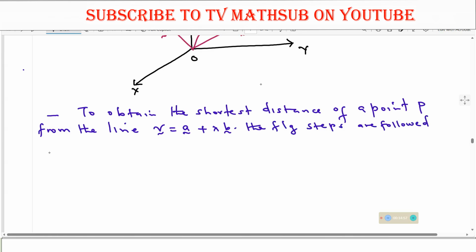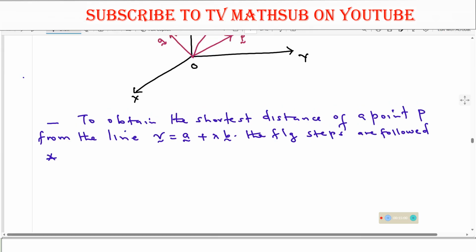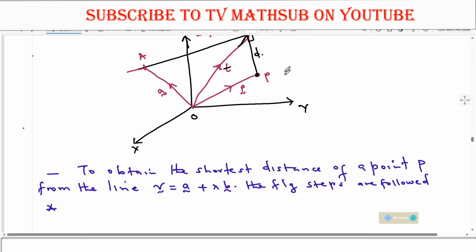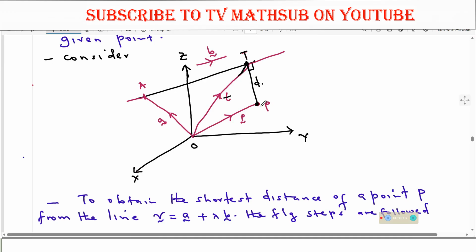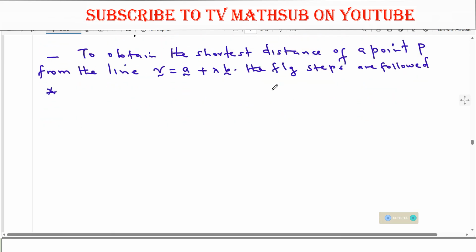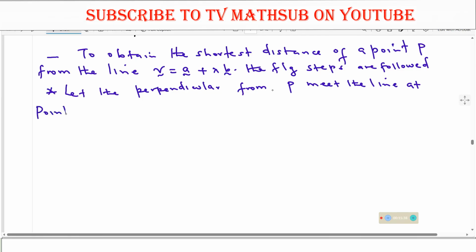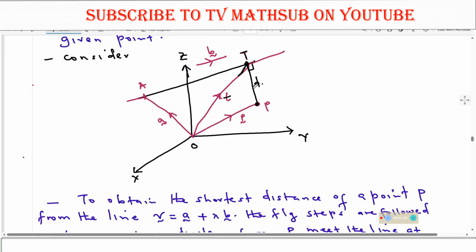So what are those steps? The first one, we shall first of all let the perpendicular from point P meet the line at point T. Then the next one, what we are saying is, we are interested in this distance.